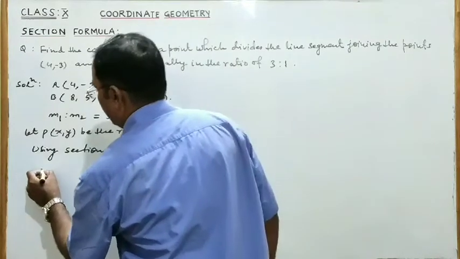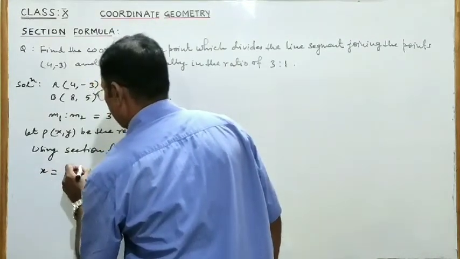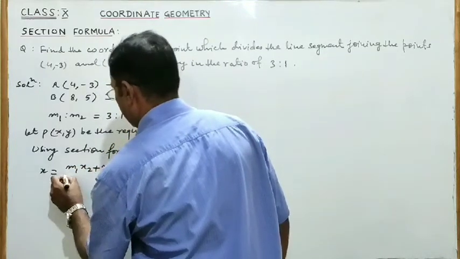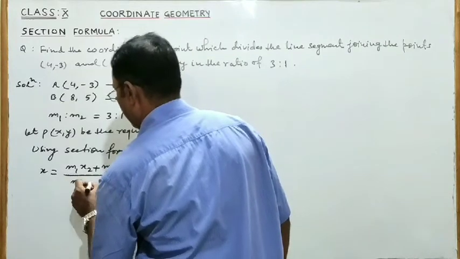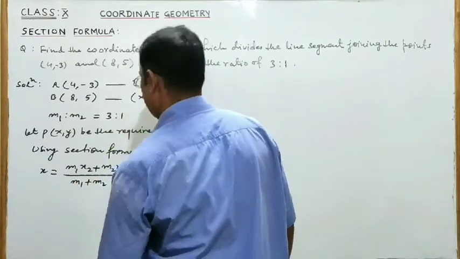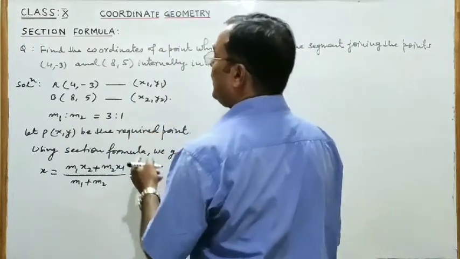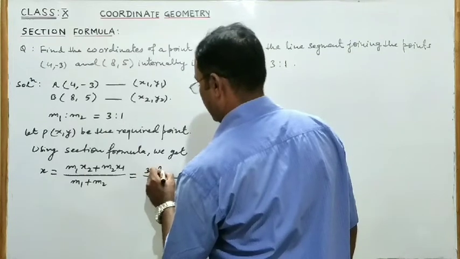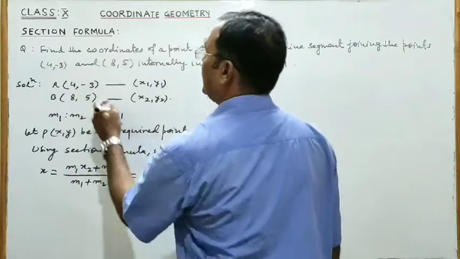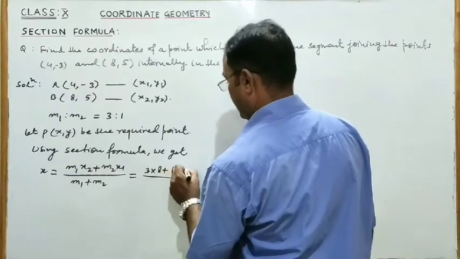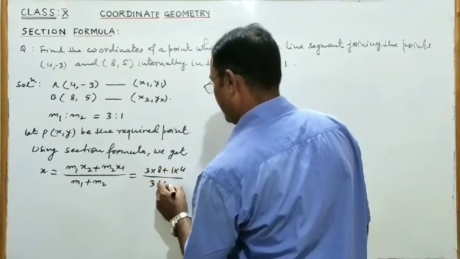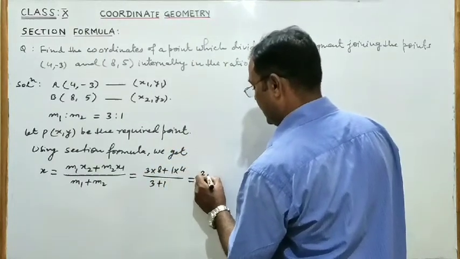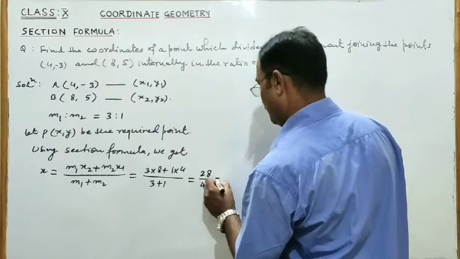x is equal to (m1 x2 plus m2 x1) by (m1 plus m2), equal to (3 into 8 plus 1 into 4) by (3 plus 1). 3 times 8 is 24 plus 4 is 28, by 4 equal to 7.